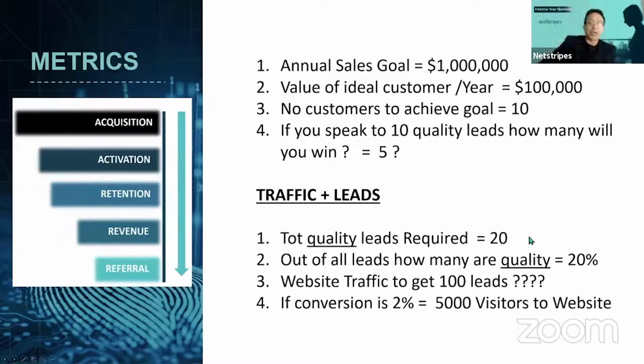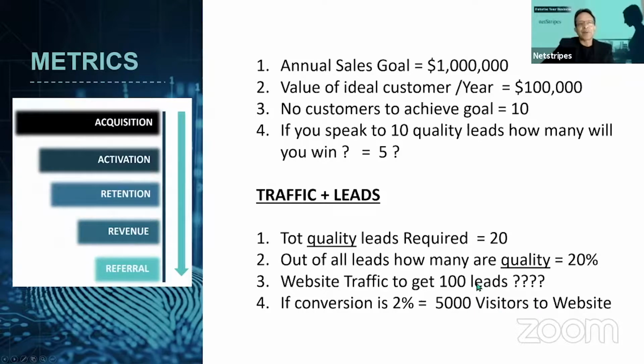Now, these are quality leads. What we don't know is how many regular leads from our website will be quality leads. At the beginning of your business, at the beginning of your digital journey, you don't know that. So I'm just assuming here, 20% of all leads that are coming to your business are going to be quality leads. So we need to get 100 leads from your website.